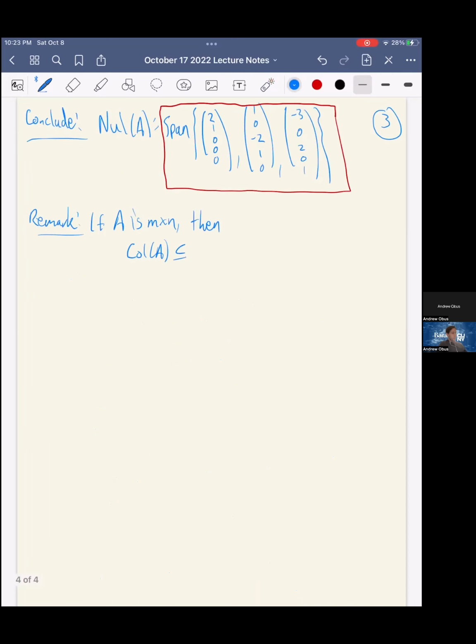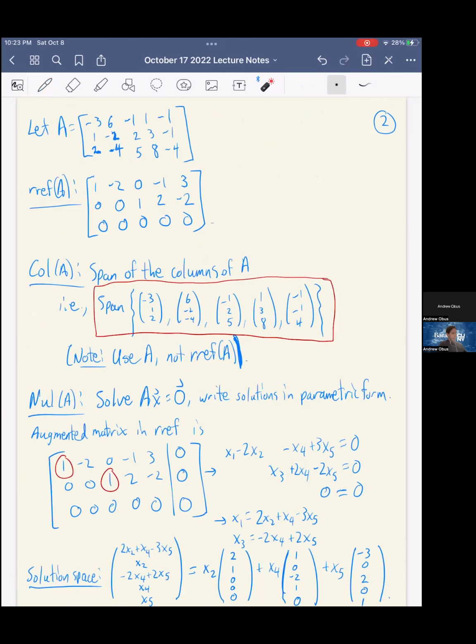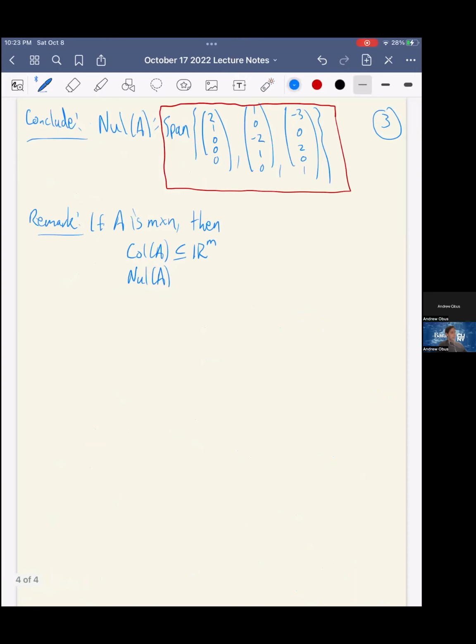So the column space lives inside Rm, and the null space of A, remember, we're looking at solutions to Ax equals 0. So if A is m by n, then the x's are vectors in Rn, right? So in this case, the null space of A is always going to be a subspace of Rn. Okay, so the column space lies inside Rm, and the null space lies inside Rn.